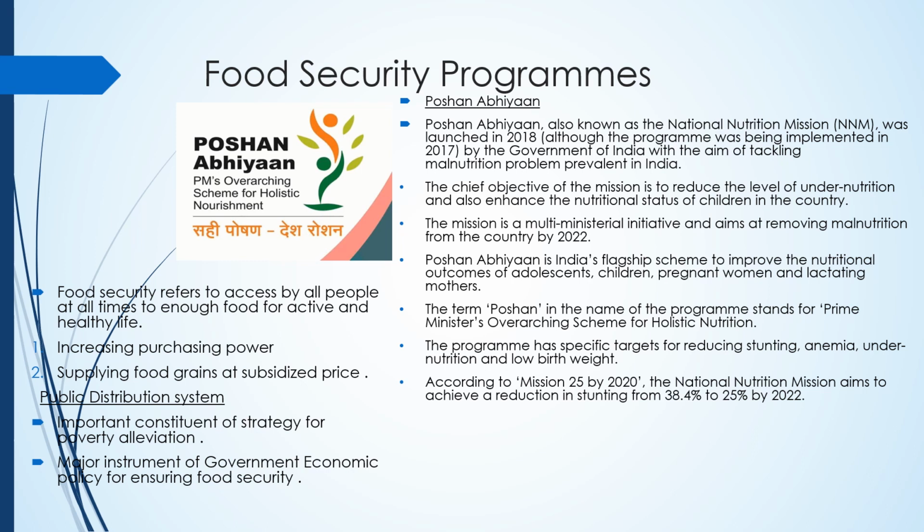By 2022, Poshan Abhiyan in India is a flagship scheme to improve the nutritional outcomes of adolescent children, pregnant women and lactating mothers. The term Poshan is the name of the program that stands for Prime Minister Outreach Scheme for Holistic Nutrition. The program specifically targets reducing stunting, anemia, undernutrition and low birth weight, which were more commonly seen in children.